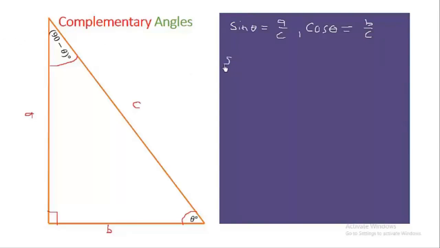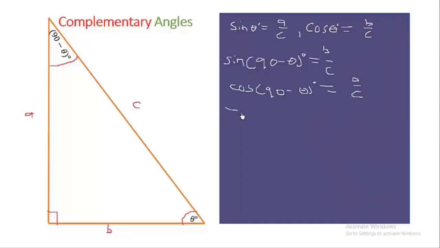So we have sine of 90 minus theta degrees will be equal to opposite, which is b over c. Then cos of 90 minus theta degrees will be equal to adjacent, which is a over c.